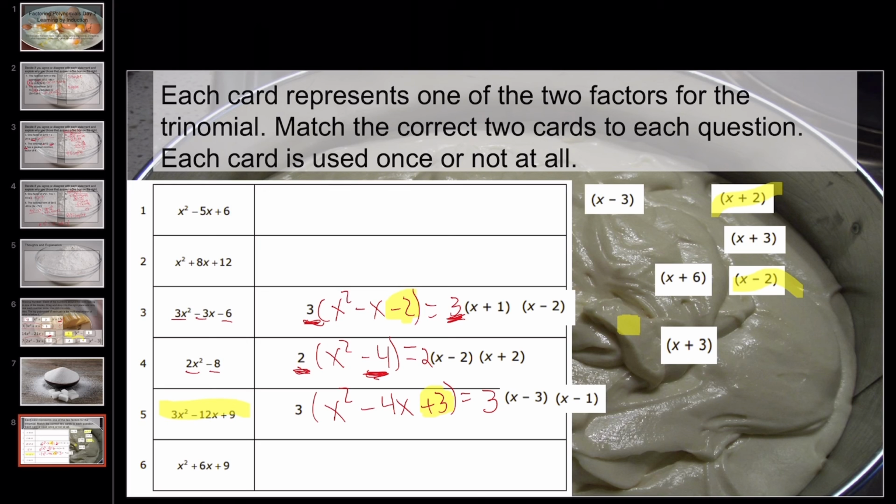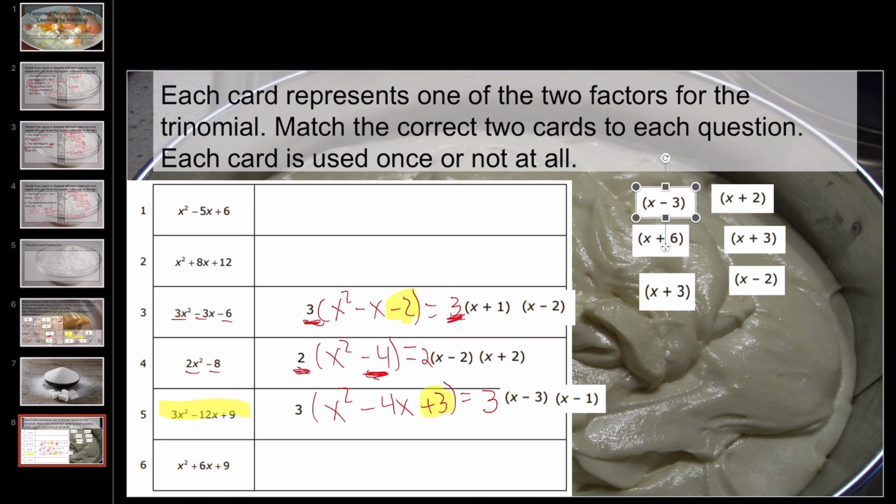Okay, so I've shown you 3 of them. I want you to try the other 3 on your own with what's left over. Remember, none of these factors are going to be happening more than once. So you only have 6 options to choose from now. And the easiest place to start off with to find these answers is looking at how can I make this 6 out of these second numbers in the factor?